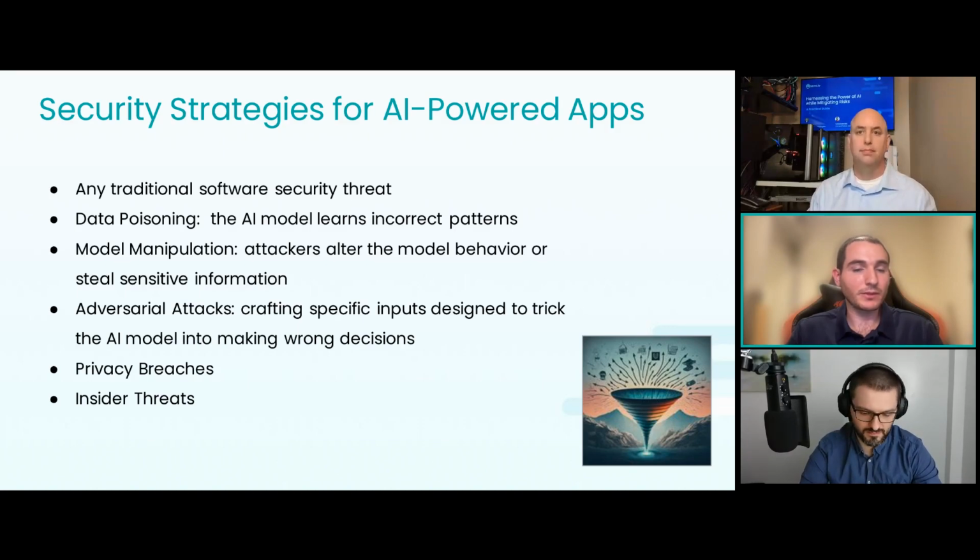Jailbreaking an LLM is one such good example. We've seen a lot of jailbreak prompts that make ChatGPT and other very well-known services cooperate on any bad activity. And of course, we have privacy breaches and the known insider threats, where someone from the company who has gone rogue can do some bad stuff to your LLM.